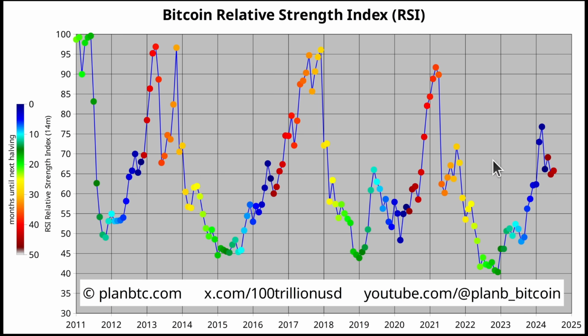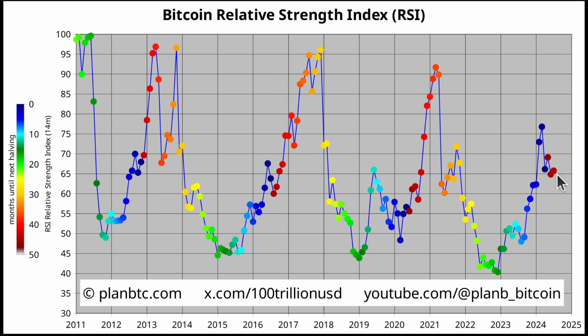And RSI is 66 now, almost unchanged from 65 last month. That's consistent with the market cycles, right? The bull market, it's above 50. It's in an uptrend, and it's consistent with stock to flow charts, which says Bitcoin is undervalued.